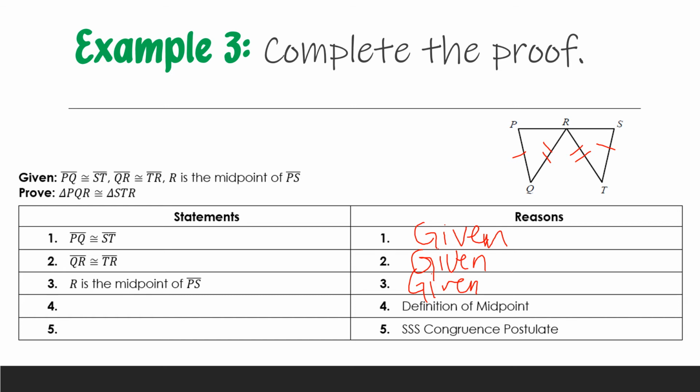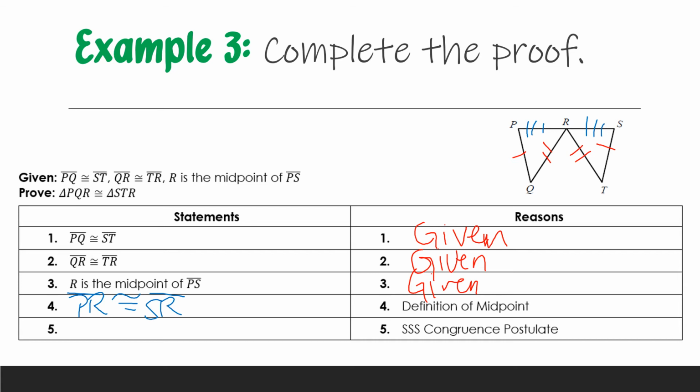So if R is the midpoint, what that means is it cuts PS into two congruent segments. So that's going to mean that PR and RS are going to be congruent. So I'm going to make that statement next. PR is congruent to SR. And so now if you look at the figure and the triangles, I have all three sides are marked congruent.